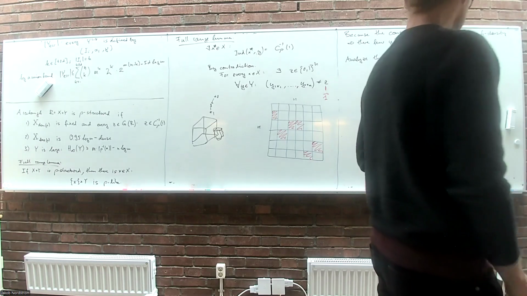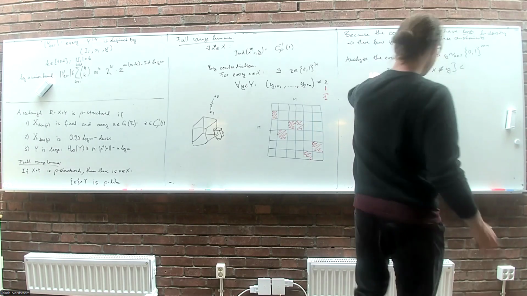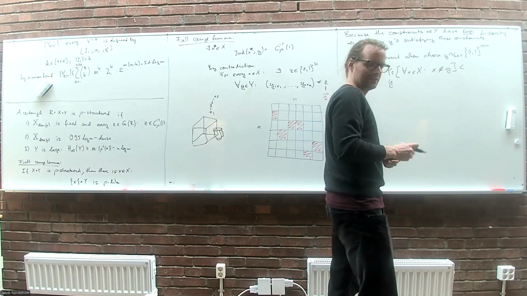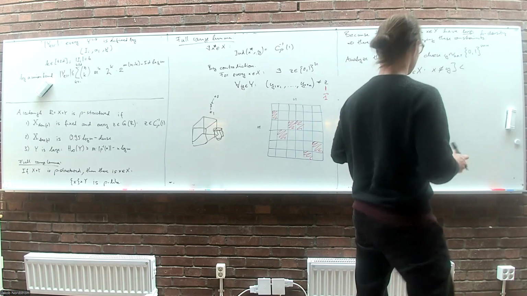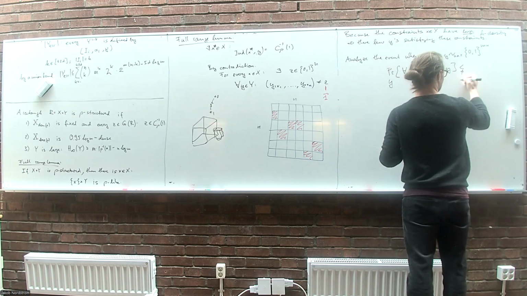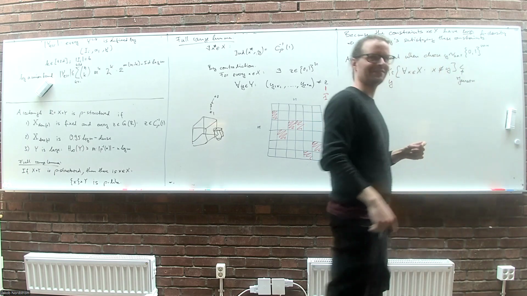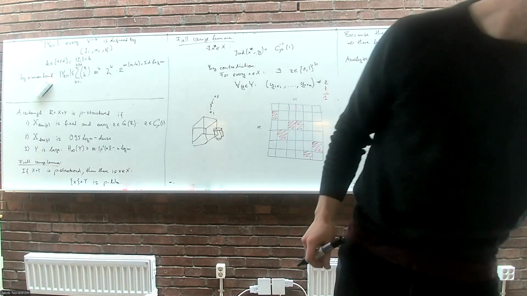And for exactly this statement, you can analyze by something called Janson's inequality, the guy from Uppsala, if I remember correctly.